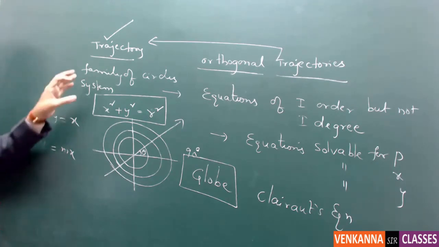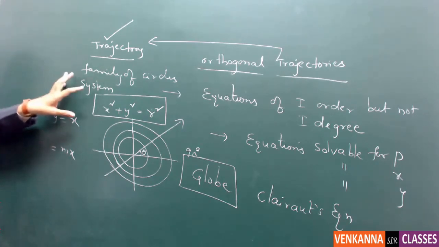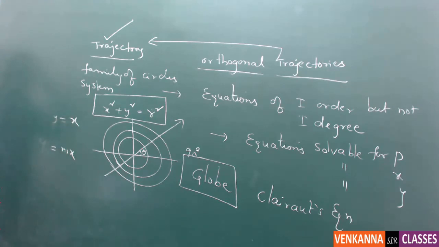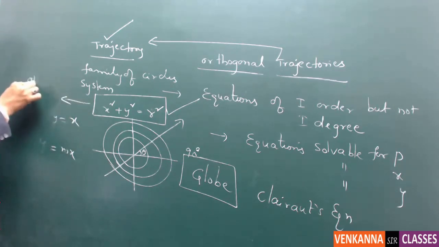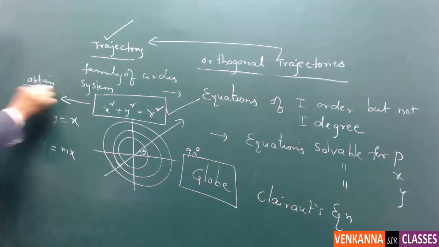Then, how to determine the equation of the curve? Suppose whenever I have taken the family of curves containing the parameter, the first thing I have to do is I have to obtain the corresponding differential equation.